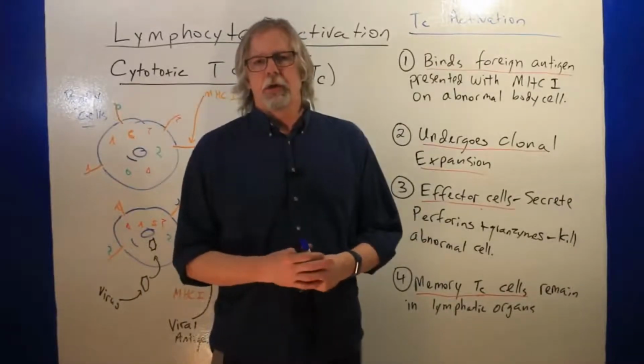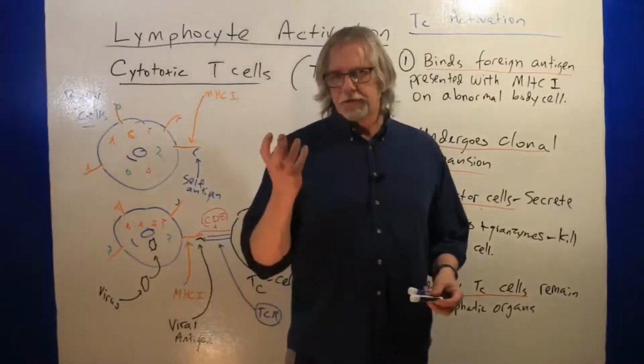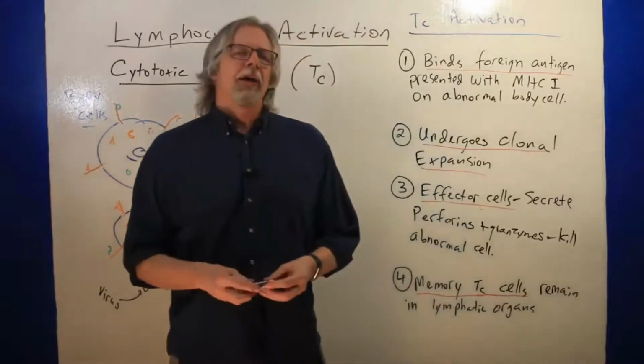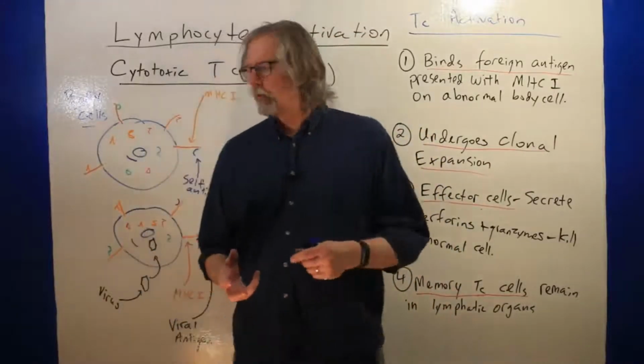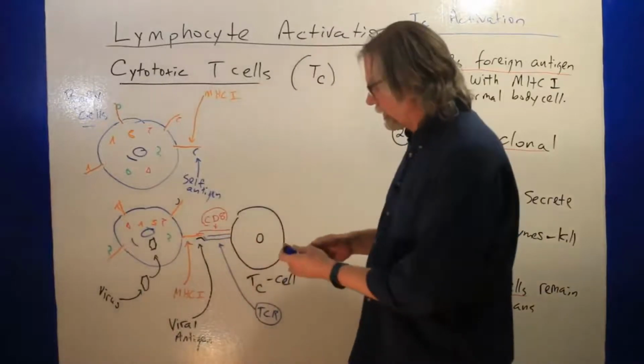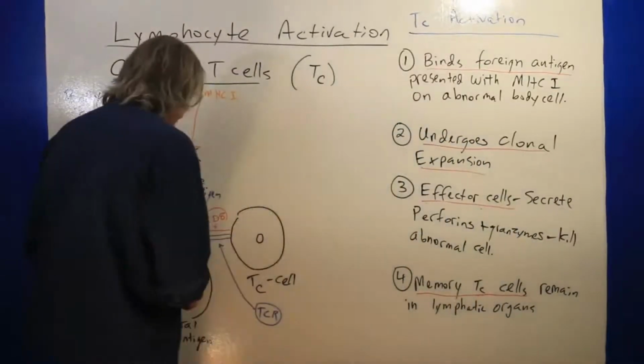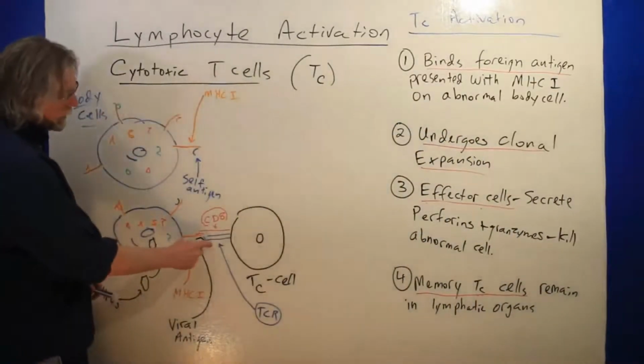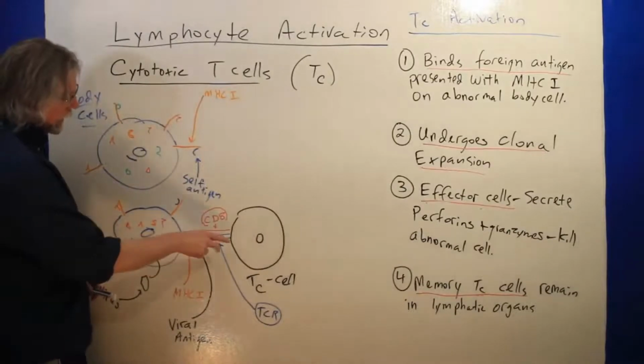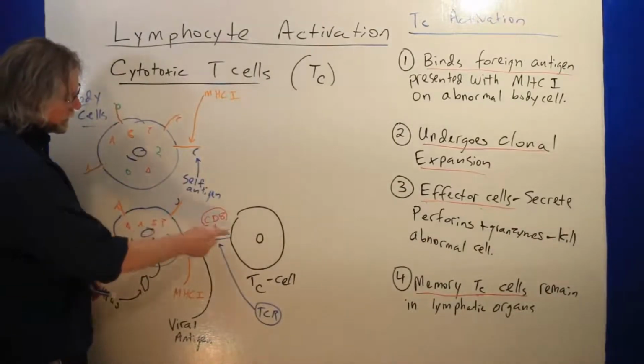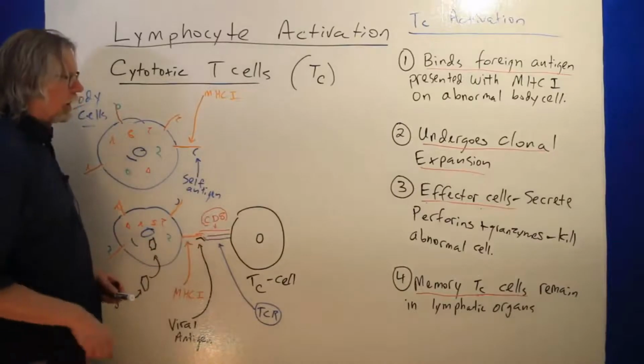Cytotoxic T cells have a T cell receptor, and they have a CD8 co-receptor. So on the surface of a cytotoxic T cell, you have both of those. And here I've indicated the T cell receptor as 2 blue lines and the CD8 co-receptor as this red line.